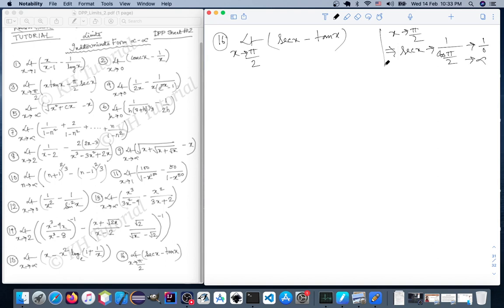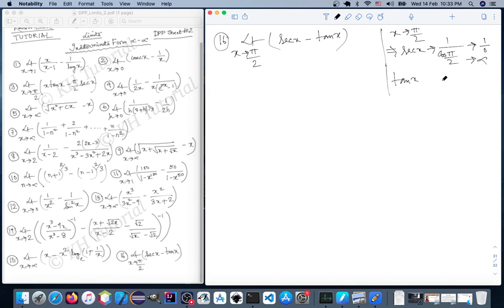And tan x at pi by 2 tending to sine pi by 2 by cos pi by 2, tending to 1 by 0, tending to infinity. Therefore, this is infinity minus infinity form, and we would like to simplify it and transform it into 0 by 0 form.